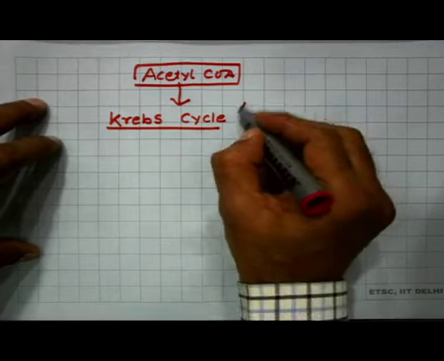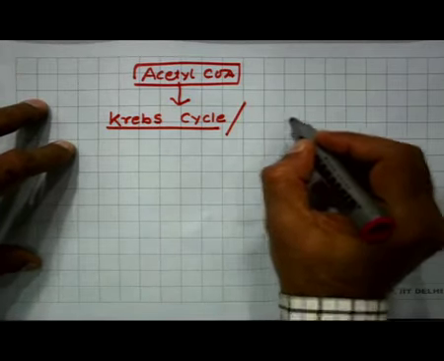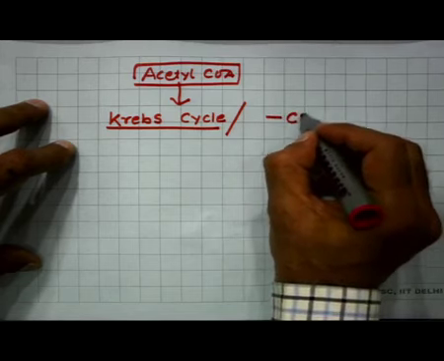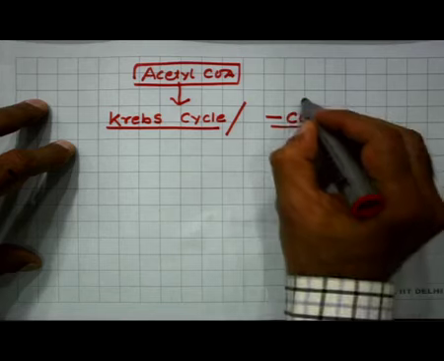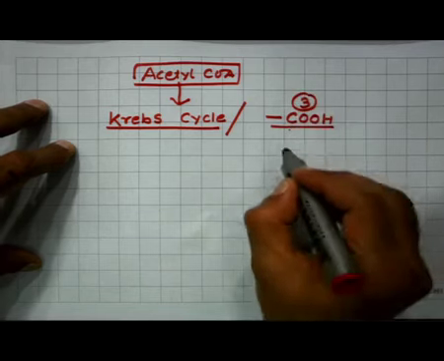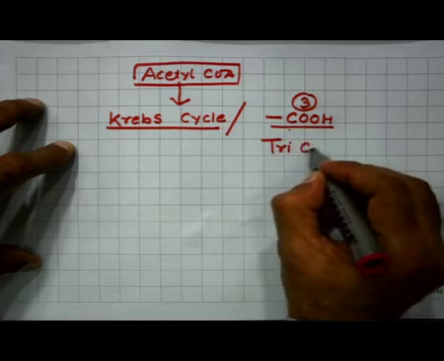In this cycle, the product which is formed firstly contains 3 acid molecules. So, this cycle has 3 acid molecules, and this cycle is also called the tricarboxylic acid cycle.